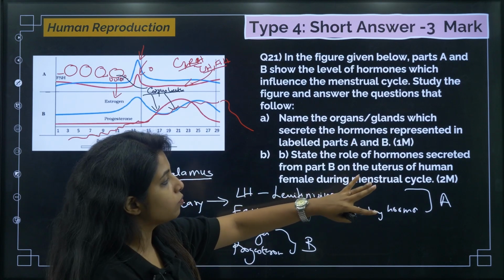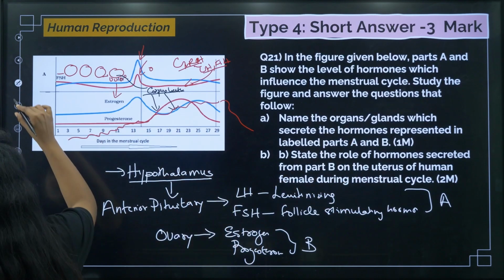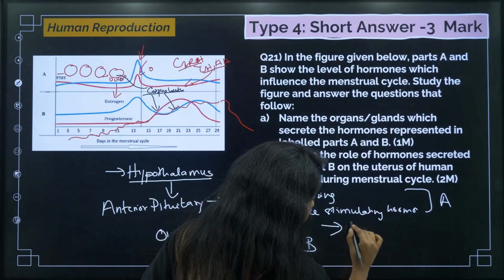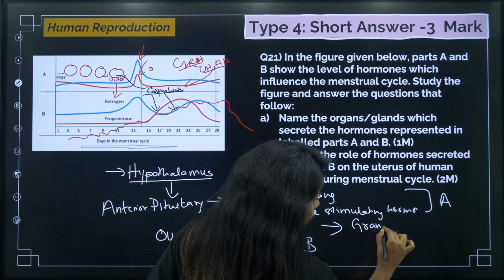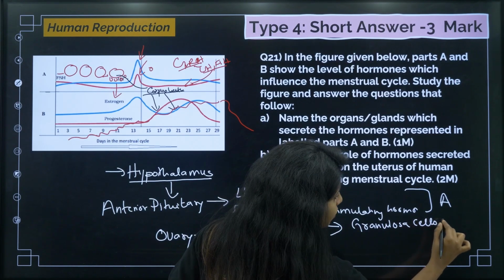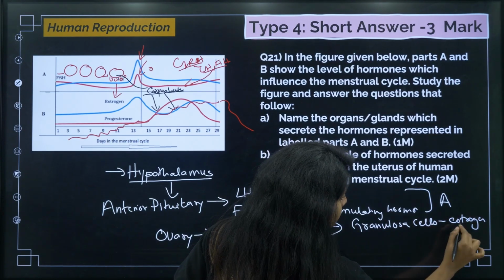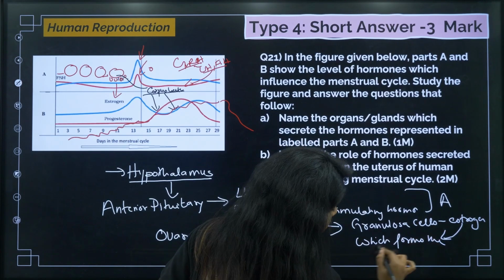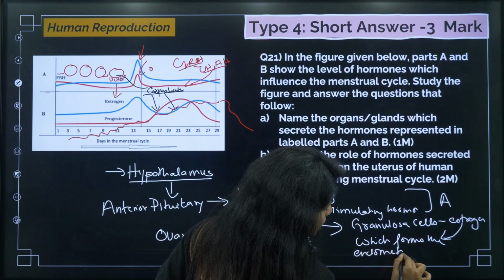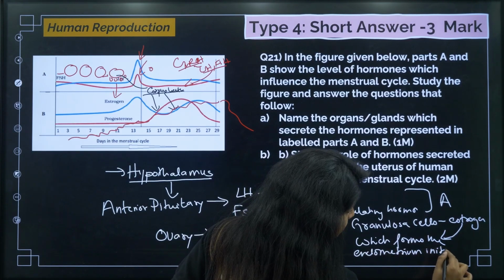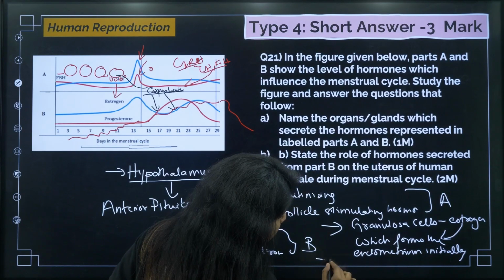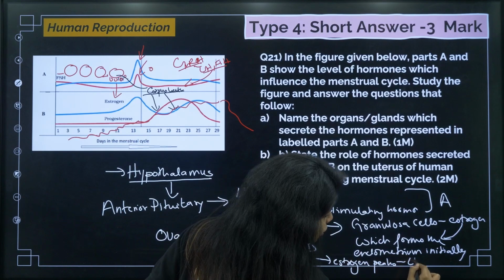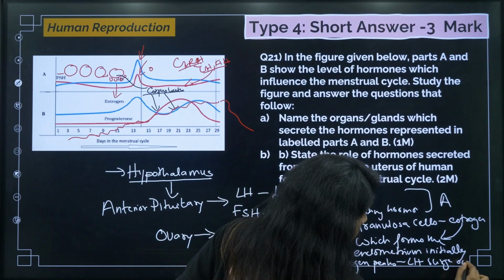So how do you write the answer? State the role of hormones secreted from part B. So we will write initially, granulosa cells release estrogen, which forms the endometrium initially, and when the estrogen peaks, LH surge occurs, and what do you have, children?